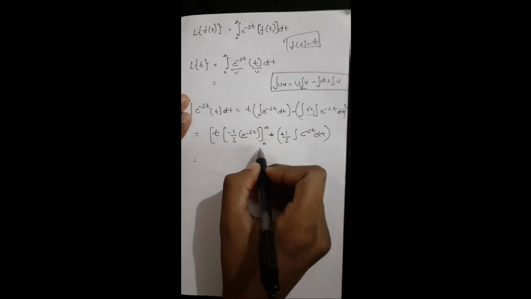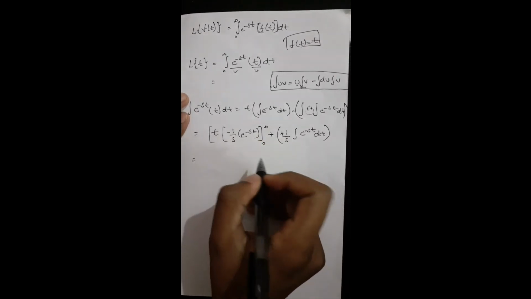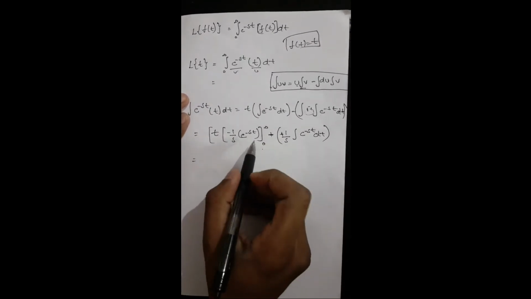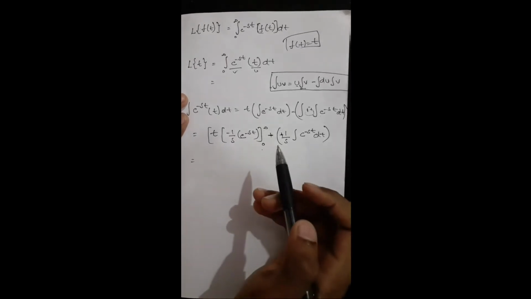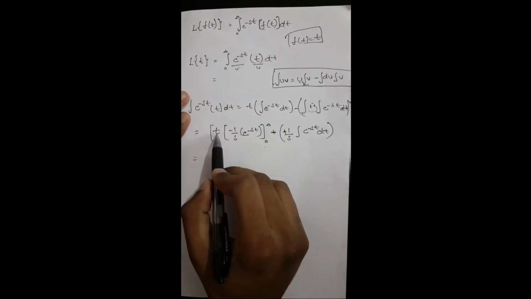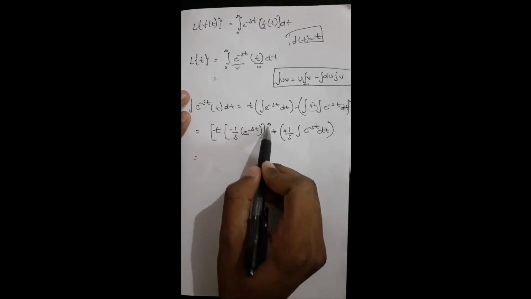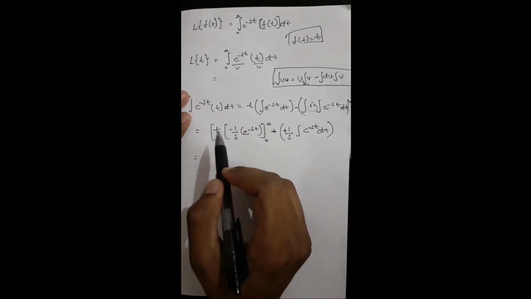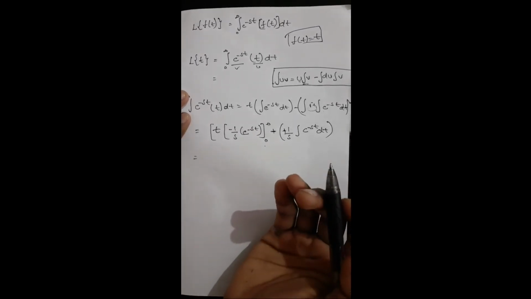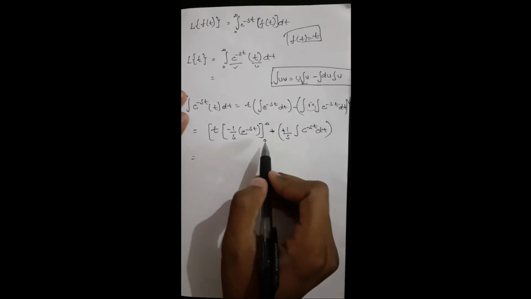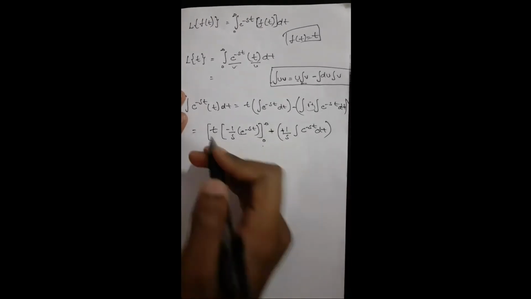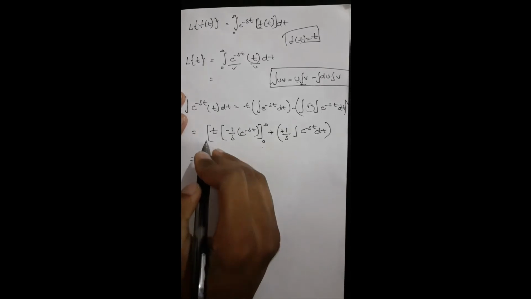So we have to substitute the limits, nothing but substituting the value infinity in t and subtracting by substituting 0 in the value of t.